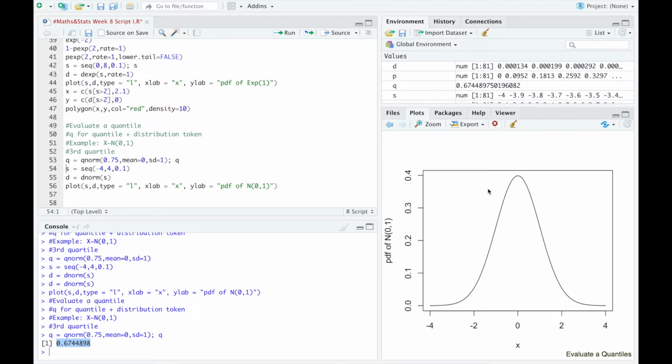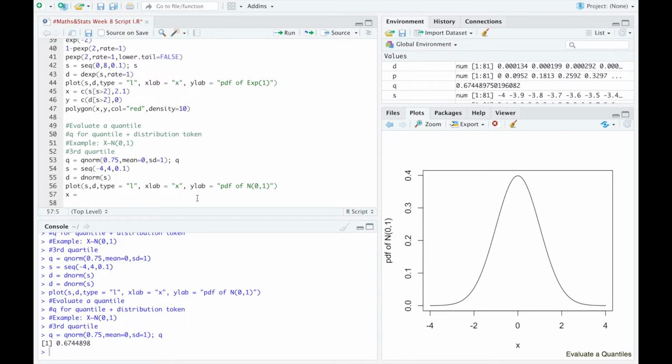It means that the area below this curve up to 0.67, so it would be somewhere here, is 0.75. Let's have a graphical representation of this. So I will have to define the axis of my polygon.